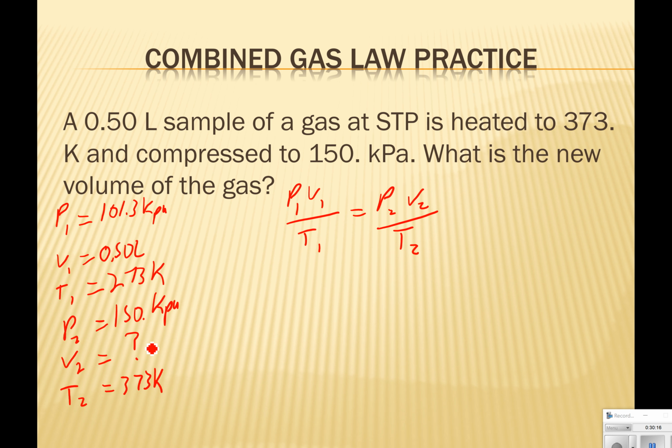What is the new volume of the gas? So we'll plug each of these in to our combined gas law. We're solving for the V2. The V2 comes out, maintaining significant figures, as 0.461 liters.